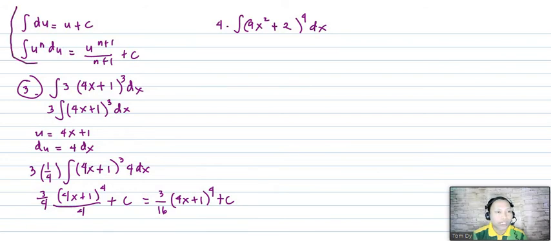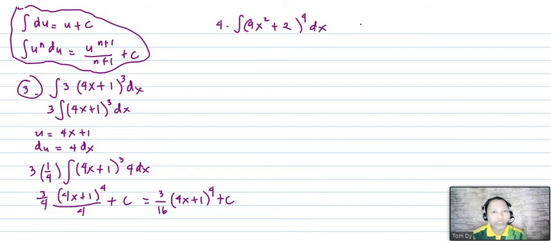Remember our formula, we have this one. If we use u to the n for this part, the integral of u to the n du, because this is our initial formula, then we have to identify our u. Our u, for this case, u equals 9x squared plus 2.